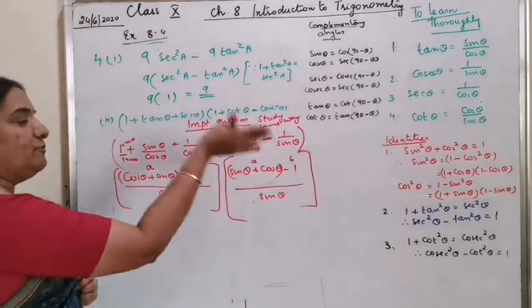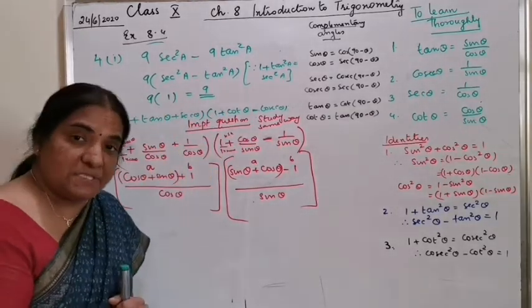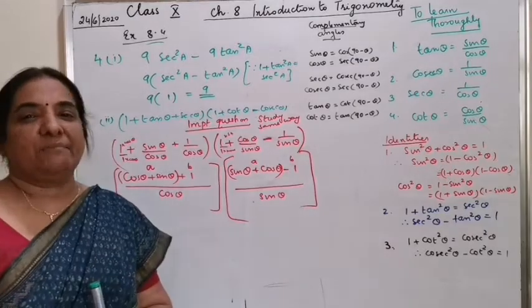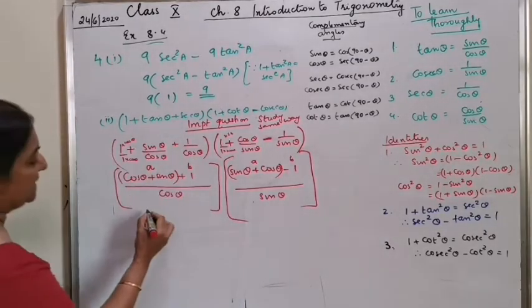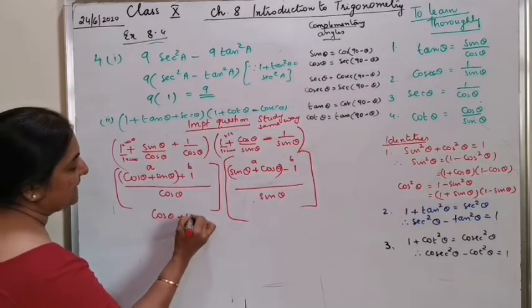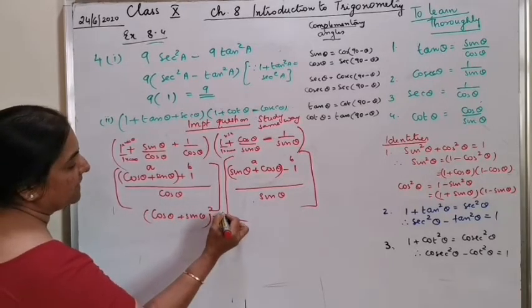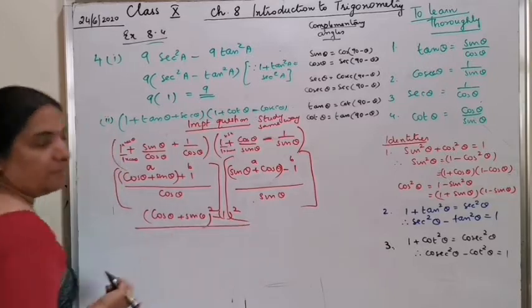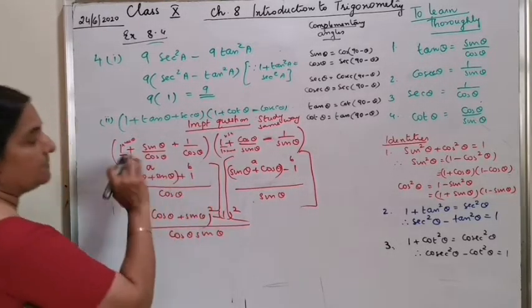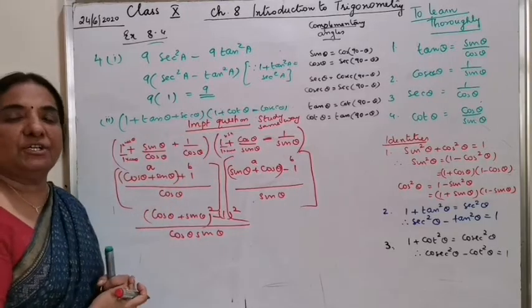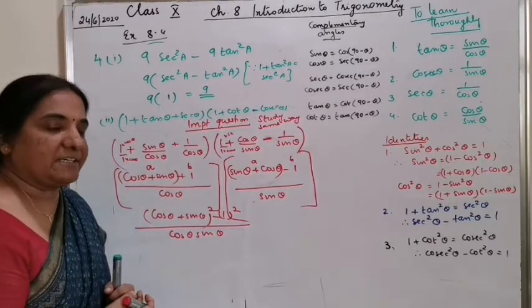Or even if you expand, you will have 4 terms and you will get the same answer. So A plus B into A minus B gives cos theta plus sin theta the whole square minus 1 square, and the denominator is cos theta into sin theta, because it is multiplication of fractions.